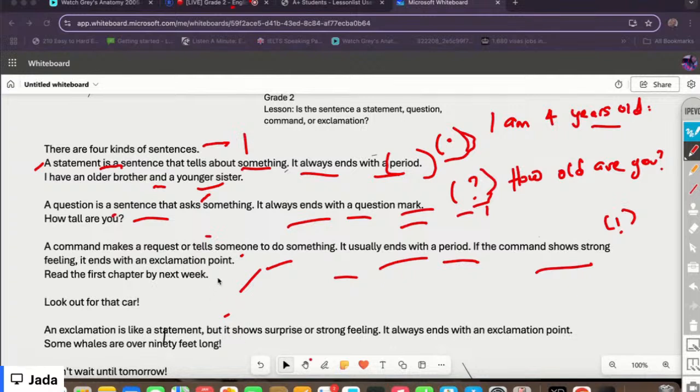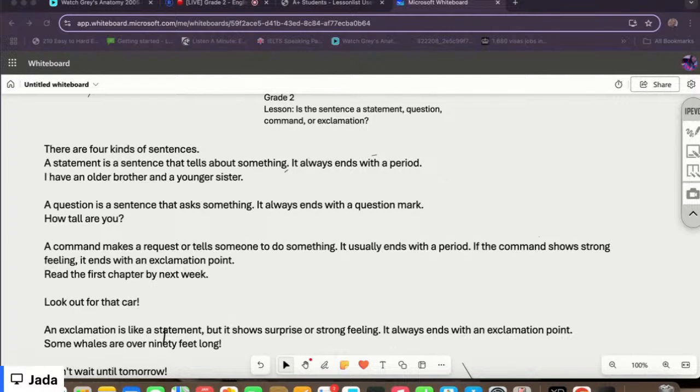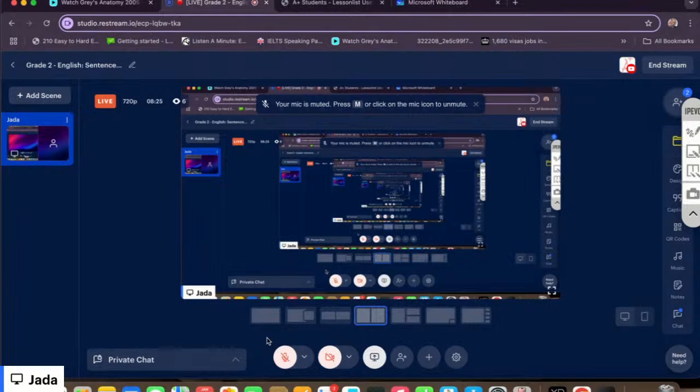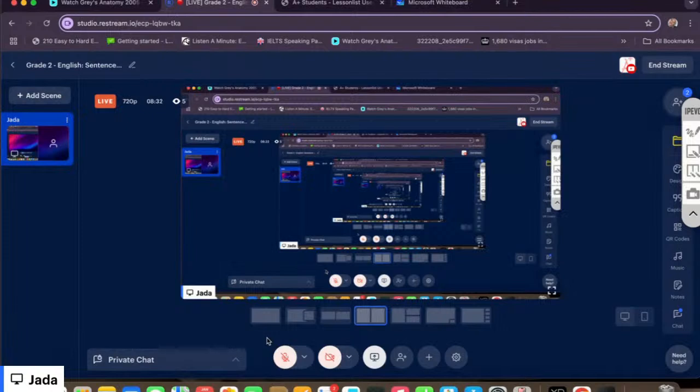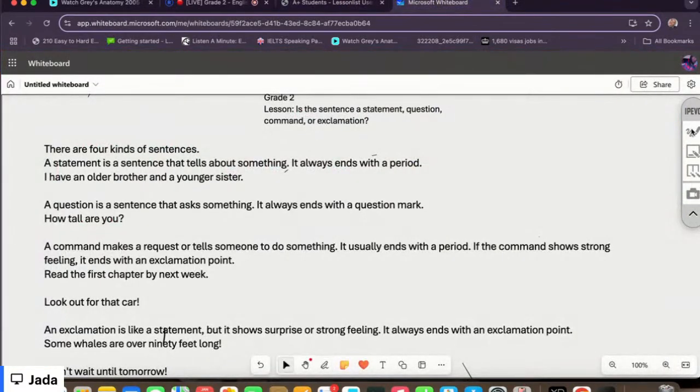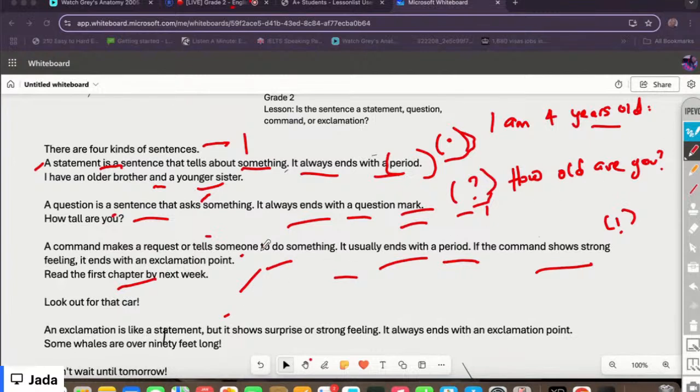So we have this one with the first chapter by next week. Like I said, if it's showing a strong feeling, then it's ending with the exclamation.